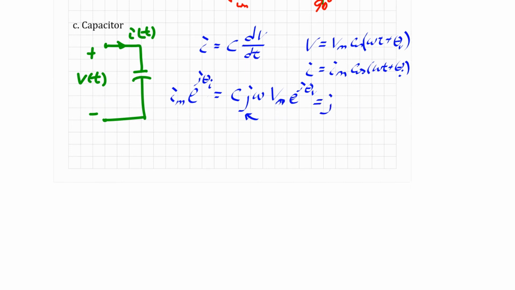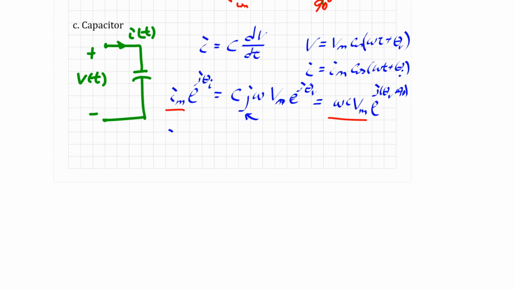We got the j omega C, Vm e to the j theta V plus 90. Now we compare the amplitude, the Im here, this right here.